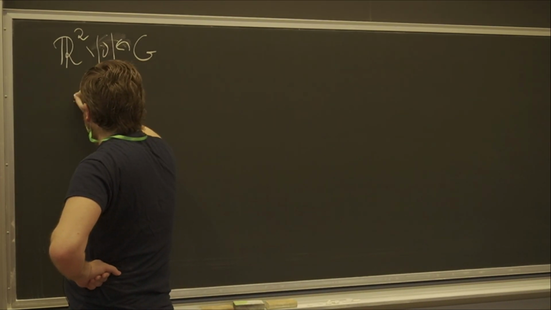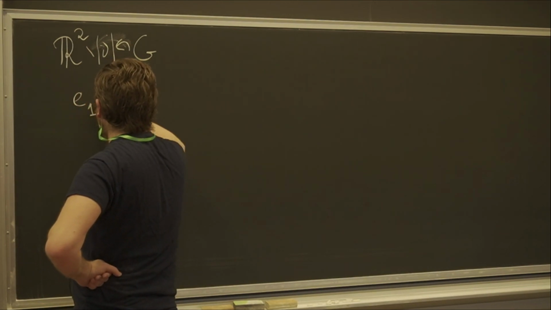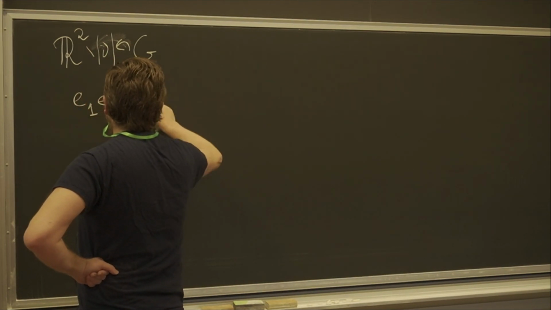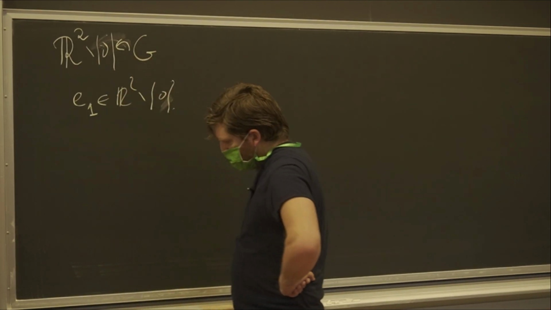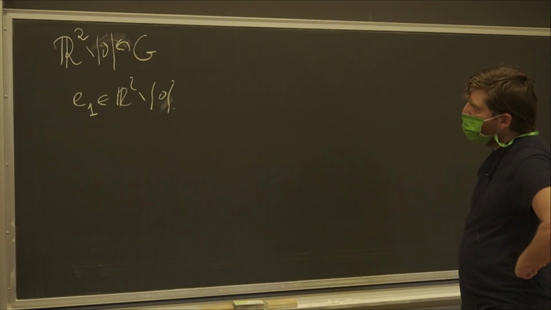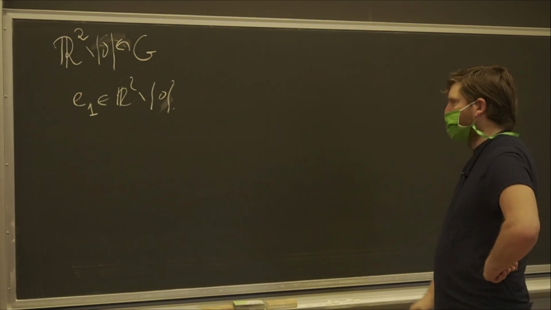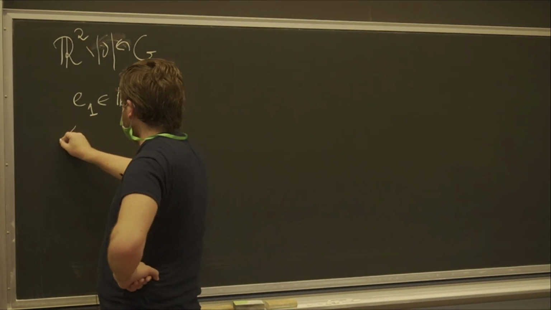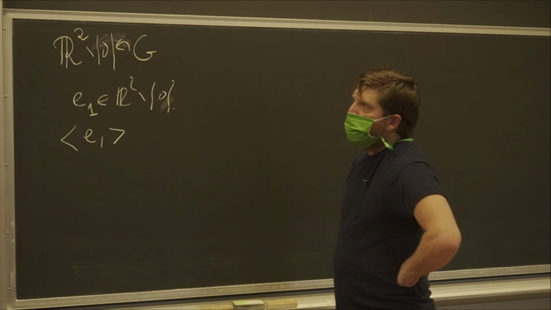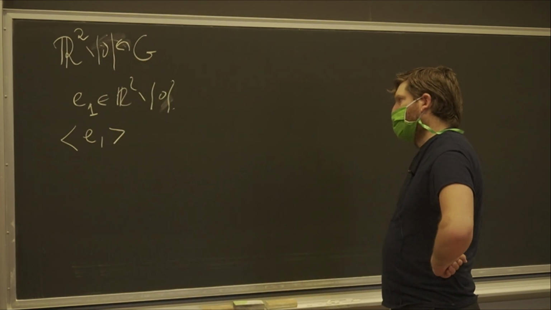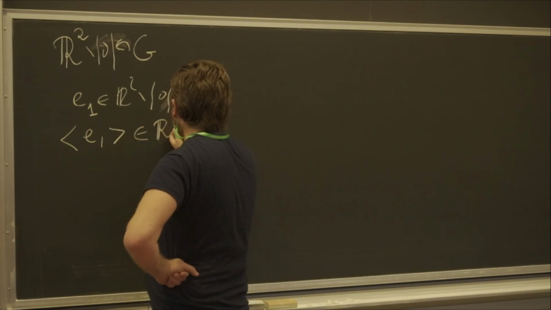And then you have this vector in R2 minus 0, and actually you have the span of this vector here, which is an element in RP1.